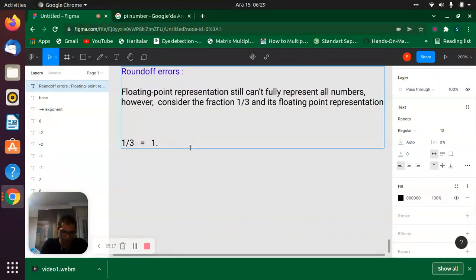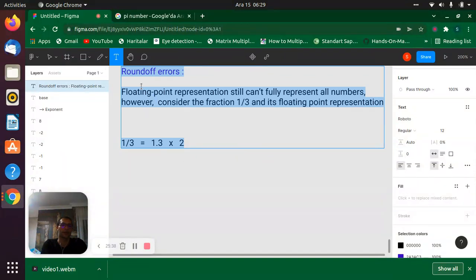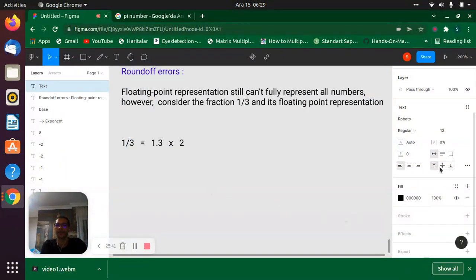1.3 times 2 to the power of minus 2, it will be 1 divided by 4. So we can say 1 divided by 4 times 1.3. If you multiply it, then you will see what I'm saying, because it is an important point to understand the concept of this technology.